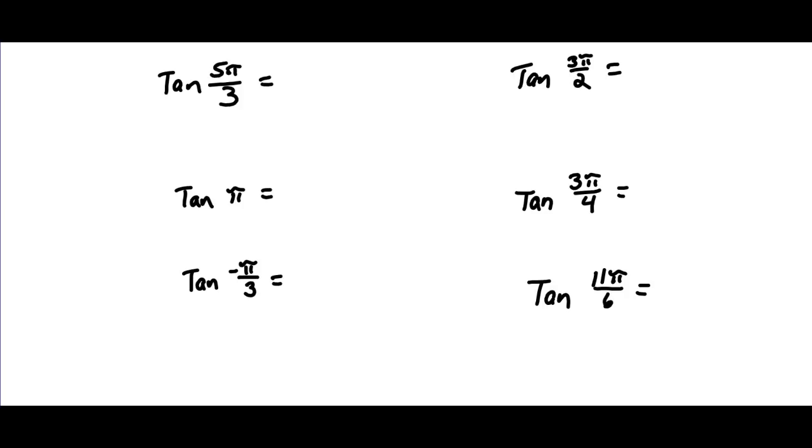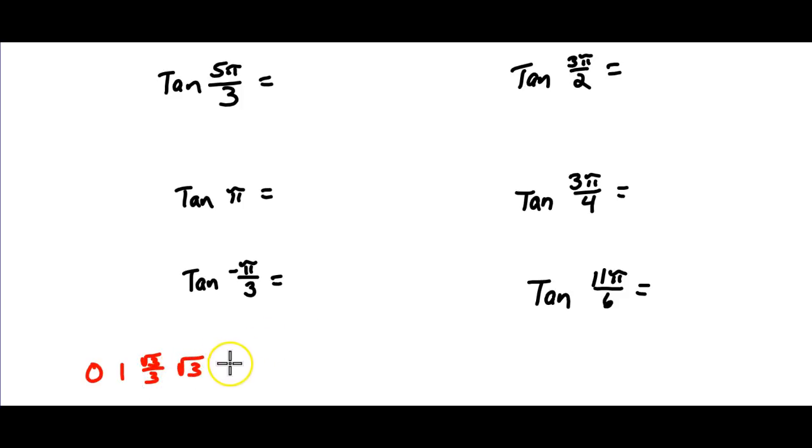Alright, so I trust that you paused it and gave it a try. Remember yesterday when we talked about tangent, we said there are only so many possibilities you can get for tangent with these common angles. You can get 0, you can get 1, you can get the square root of 3 over 3. You can get the square root of 3.